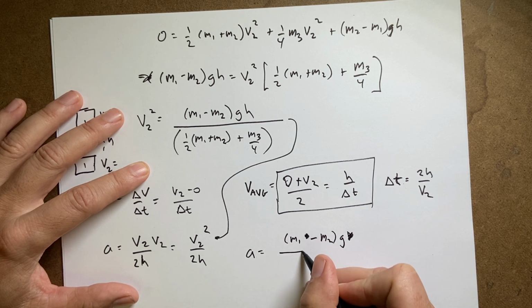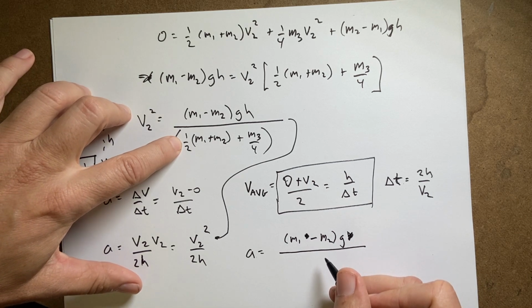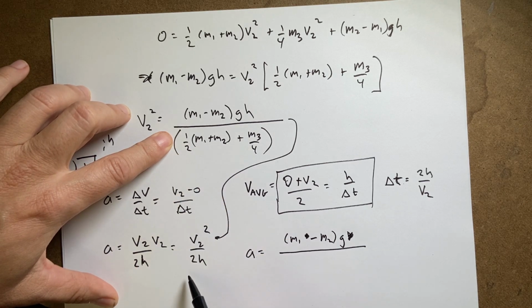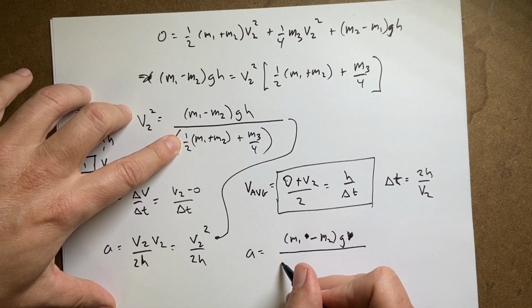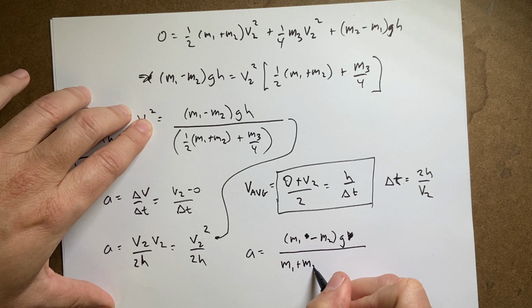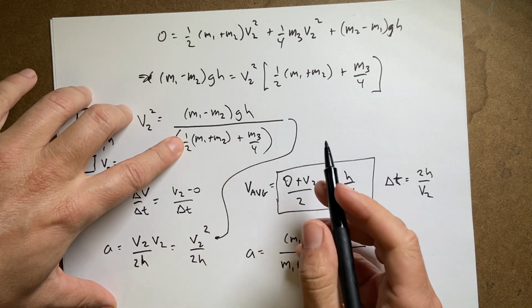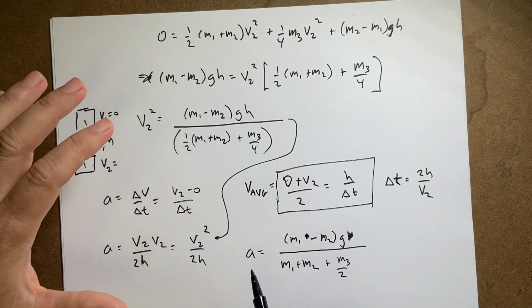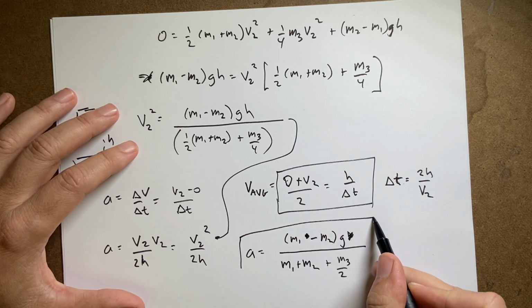Gosh, I'm making a mistake here. I'm just excited. Now multiplying this by 2, the 1/2 times 2 is just going to be 1. So I get m1 plus m2, and then plus m3 over 2. And that's it. That's my acceleration.